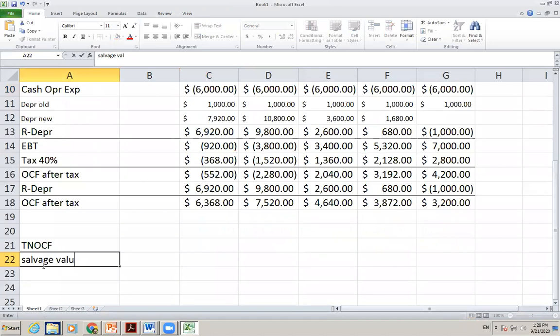Salvage value for new machine is $4,000. It says in the question that at the end of the 5th year, we'll be able to sell the new equipment for $4,000. This has been given as information. However, for the old one, at the end of the 15th year, you will get 0 market value from the old equipment.